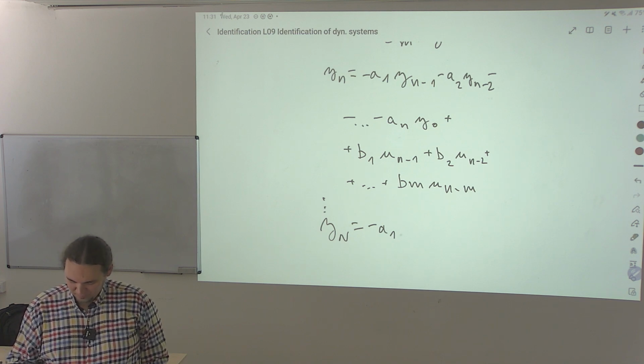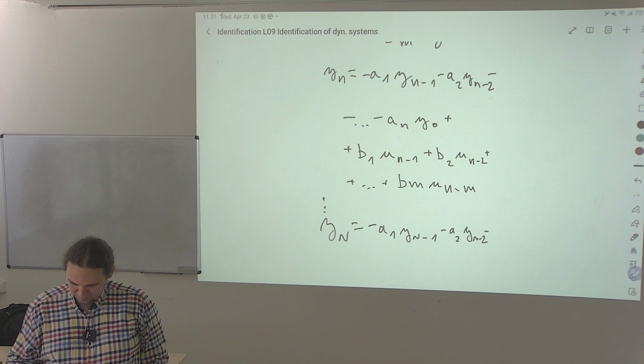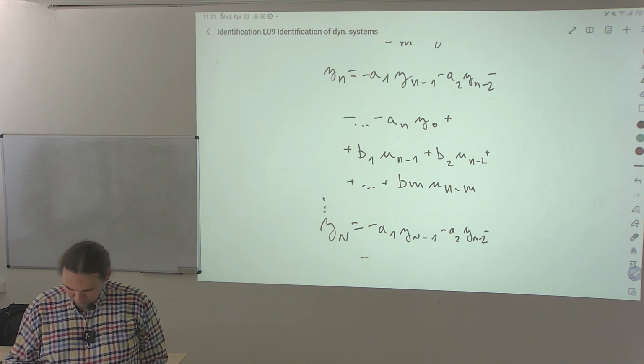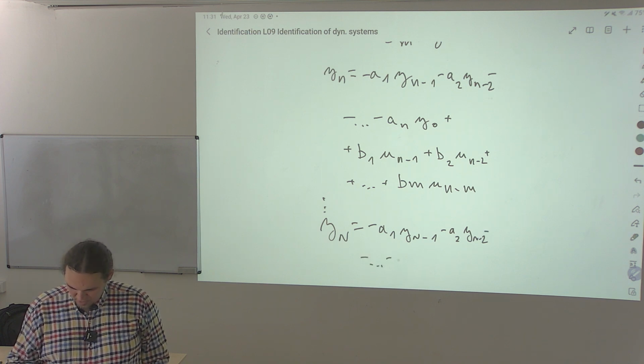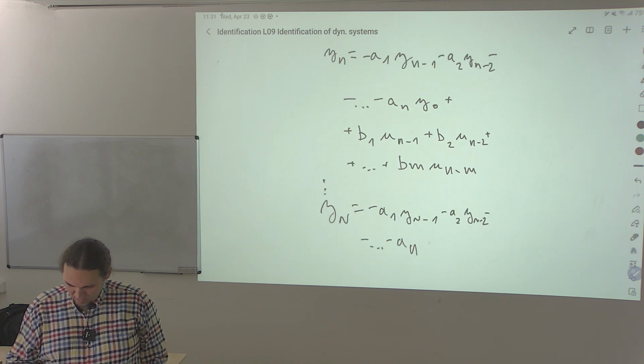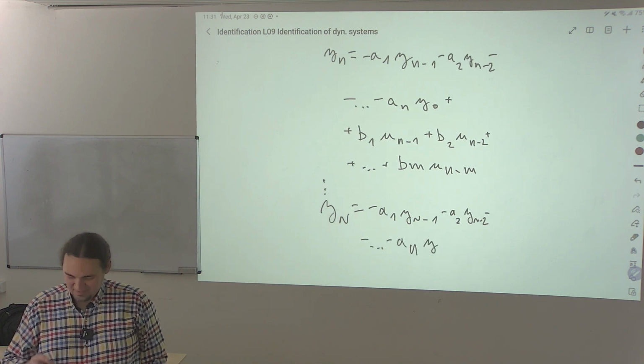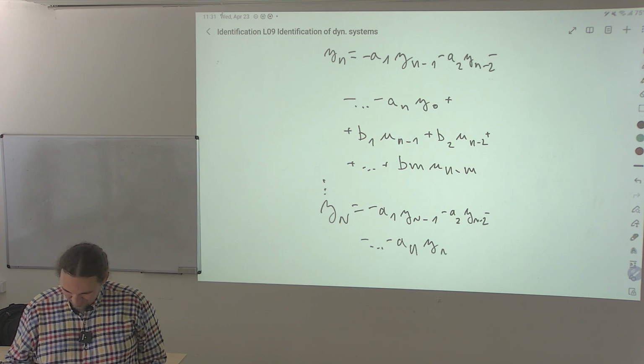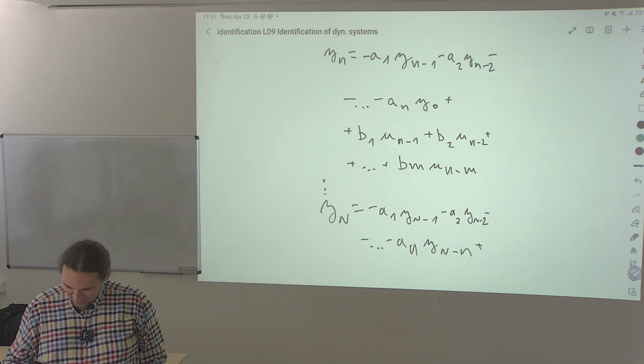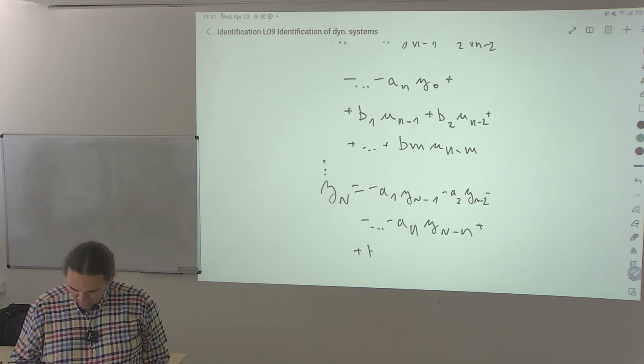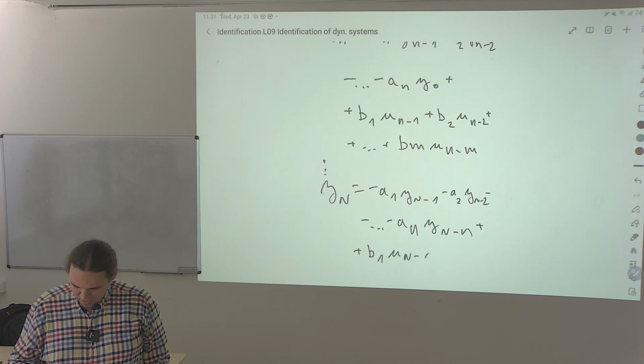Why N minus 1? Isn't it just going to be the same? Almost. N minus n. Is it all N minus 1? Exactly. Nothing should change here.